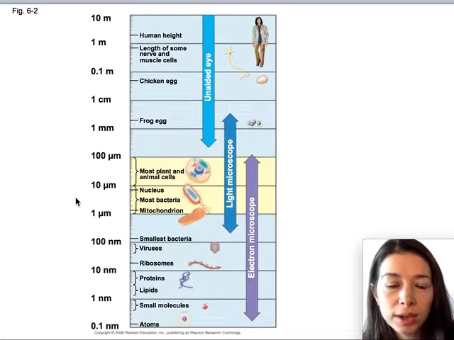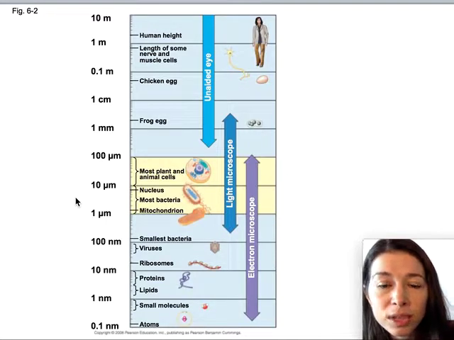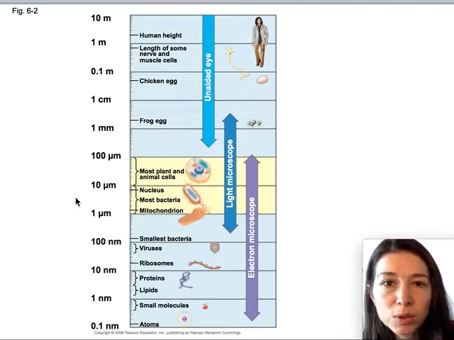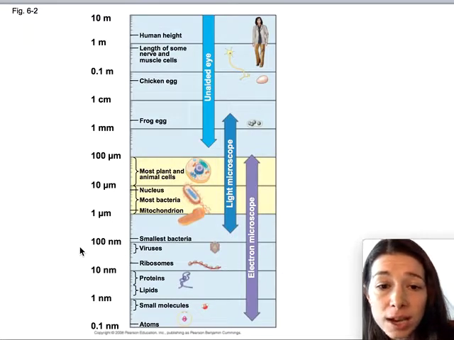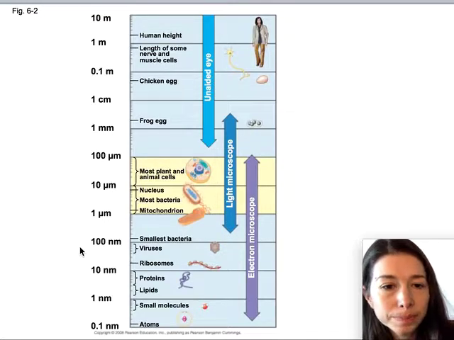These will be bacteria. Now viruses will be much smaller than bacteria, and don't be confused by the cartoons that we show, because those are usually not shown to scale, but a virus might be somewhere in the maybe 80 or 90 nanometer range. So viruses are significantly smaller than bacteria.